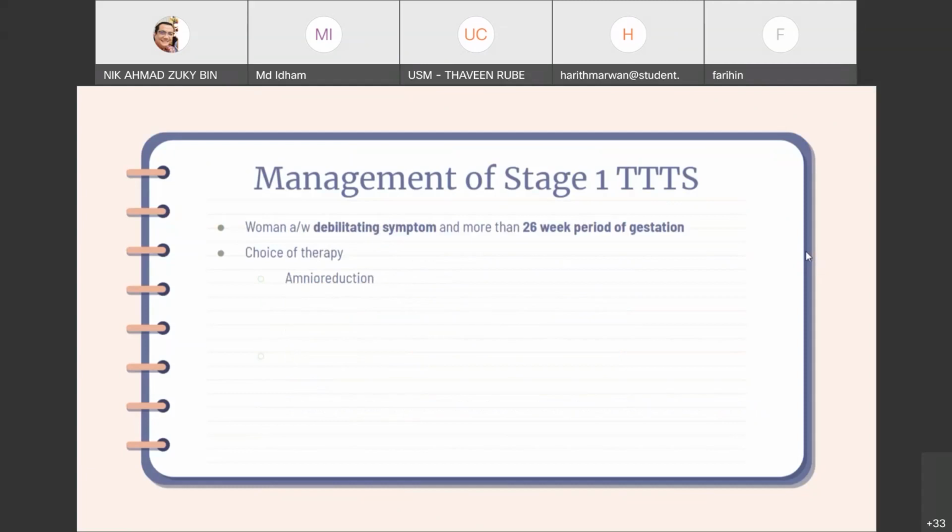Okay, and then if a patient with stage 1 twin-to-twin transfusion syndrome comes with debilitating symptoms and the period of gestation is more than 26 weeks, normally our choice of therapy will be amnioreduction.